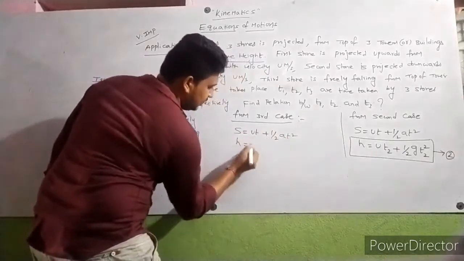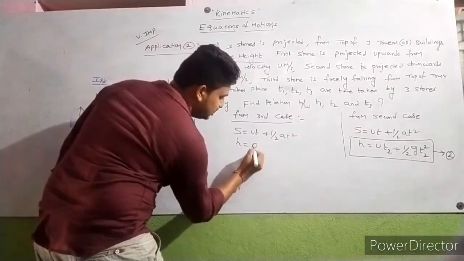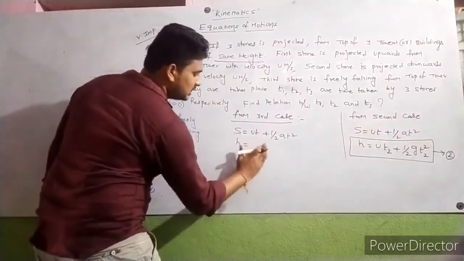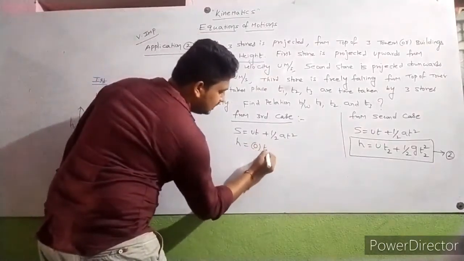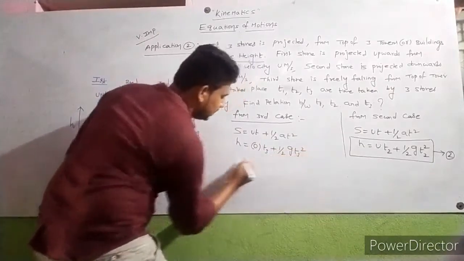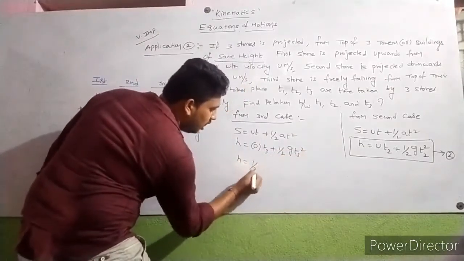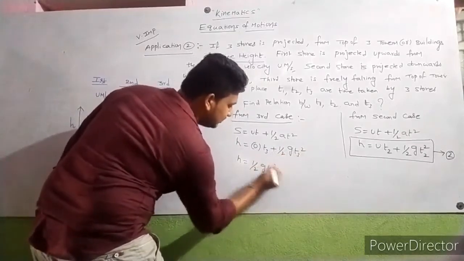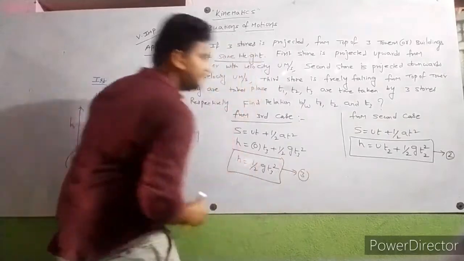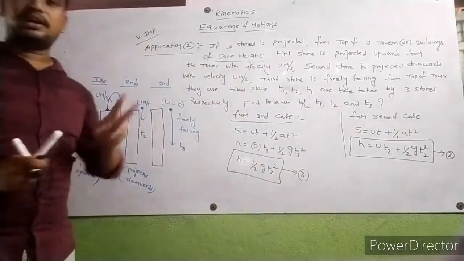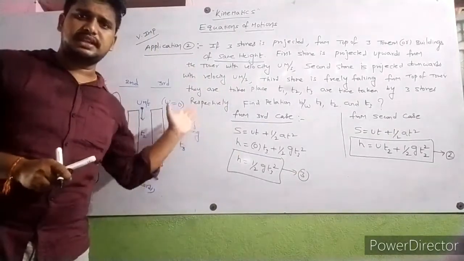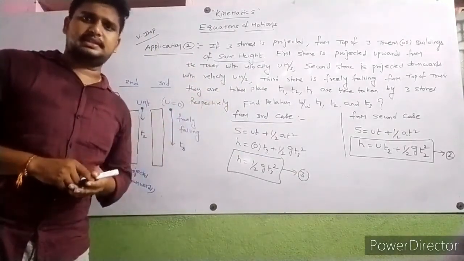S means h here, and u is 0, since for the third case the initial velocity is 0. So h = 0 into t3 plus half g t3 square. That means h = half g t3 square. So this is equation 3. Like this we got three equations from three cases.